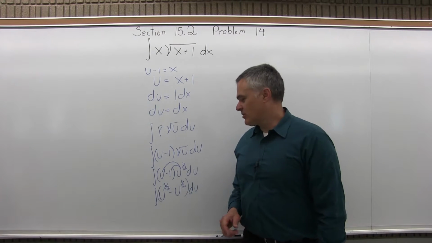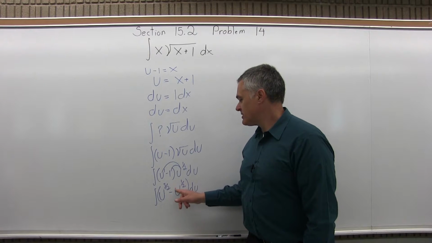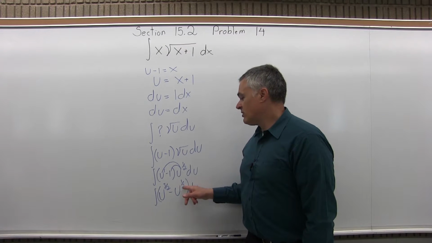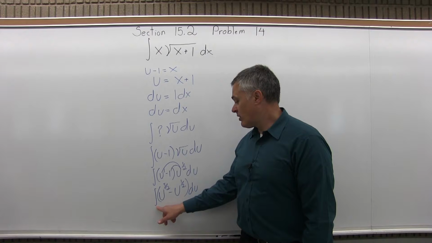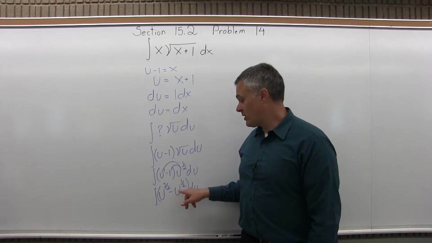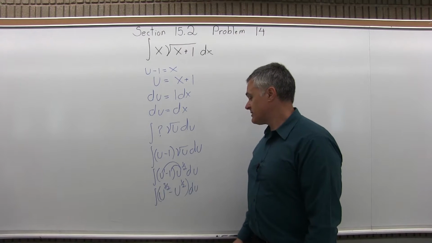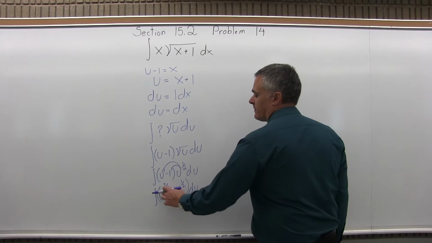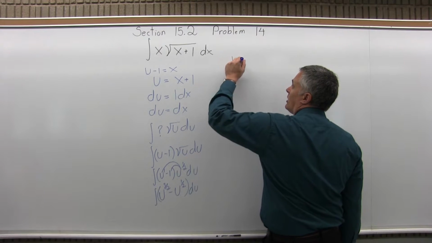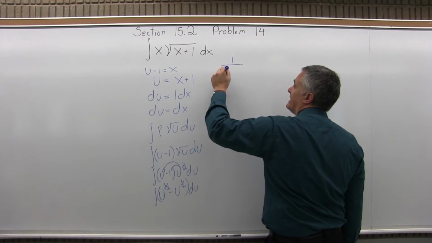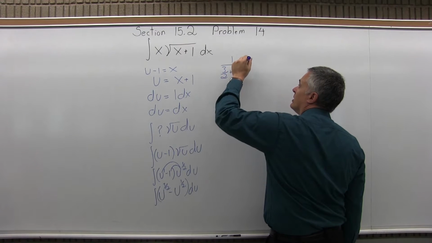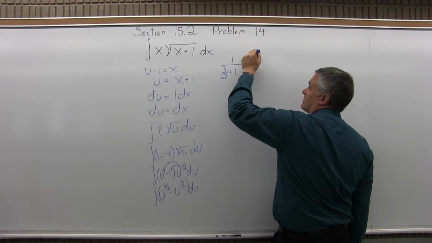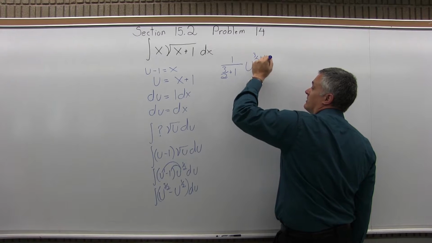Now I can take the integral. I have two terms, both with just a plain old exponent, so they're both going to go 1 over n plus 1, u to the n plus 1, and I'll do that in both spots. So I'm going to have 1 over 3/2 plus 1, u to the 3/2 plus 1.